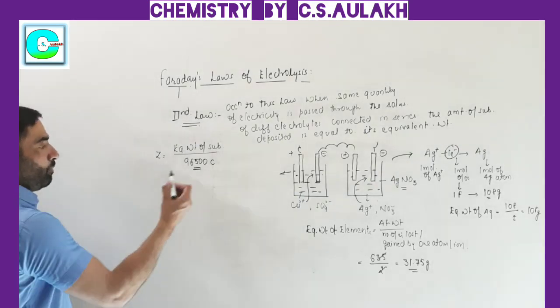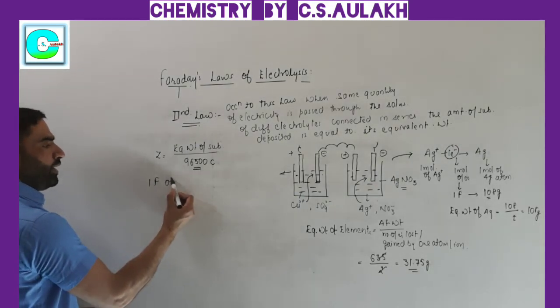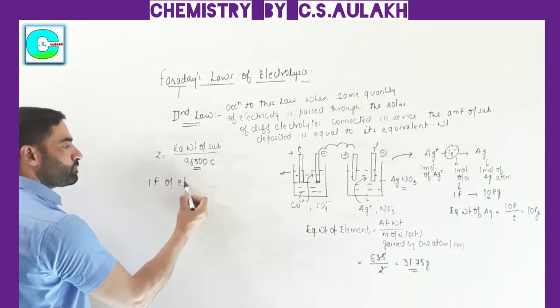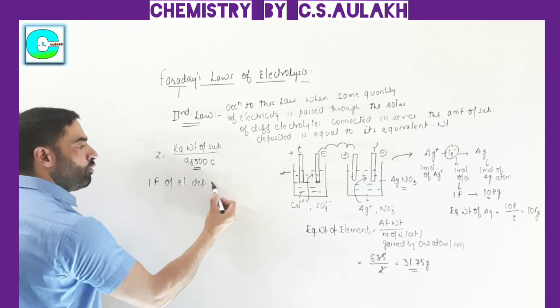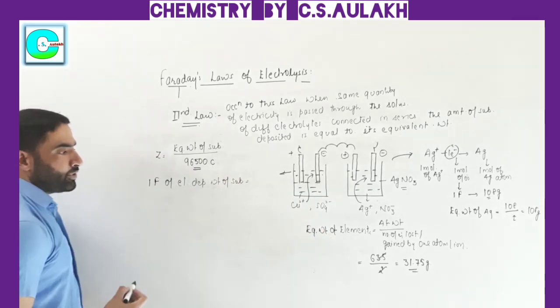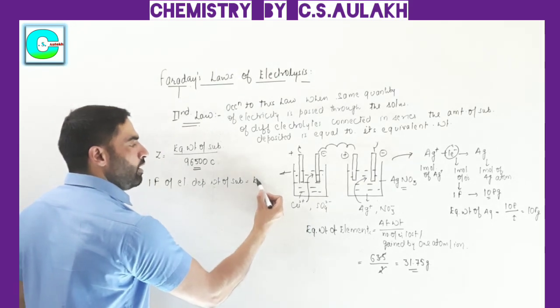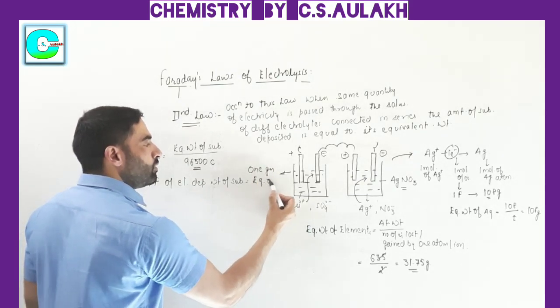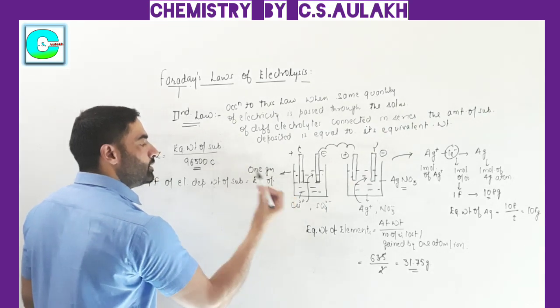As we know, 1 faraday of electricity deposits a weight of substance, which we have just calculated, equal to the 1 gram equivalent of the substance.